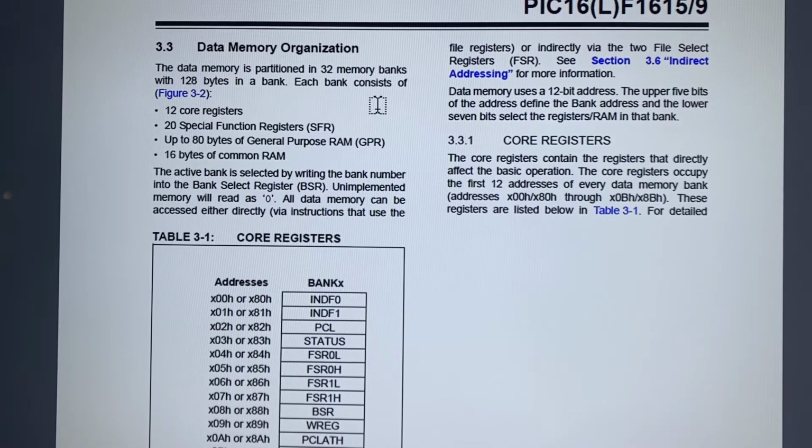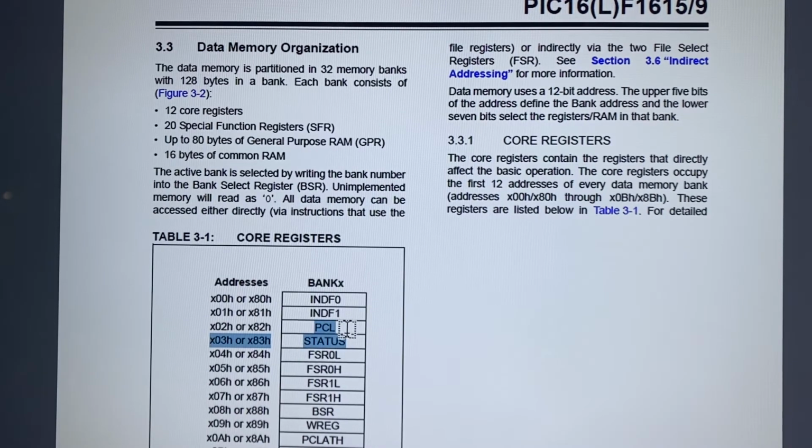So your bank consists of 12 core registers, 20 special function or SFR registers, up to 80 bytes of general purpose RAM, GPR, and 16 bytes of common RAM. And the core registers are these. The most important one is the program counter, low byte.